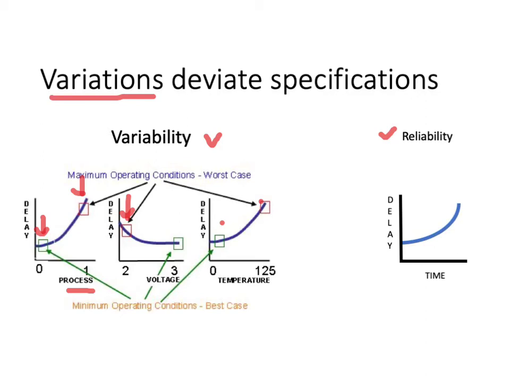And here we see that in modern VLSI integrated circuits, the performance of that same integrated circuit, that same die, will change over time due to effects known as aging. So there is a degradation mechanism called aging, which degrades the performance of your integrated circuit over time.